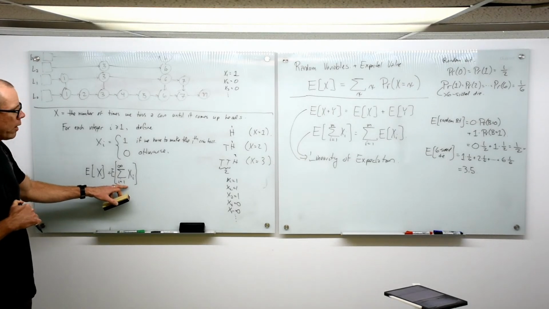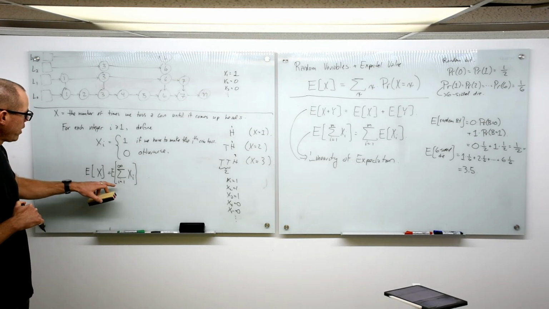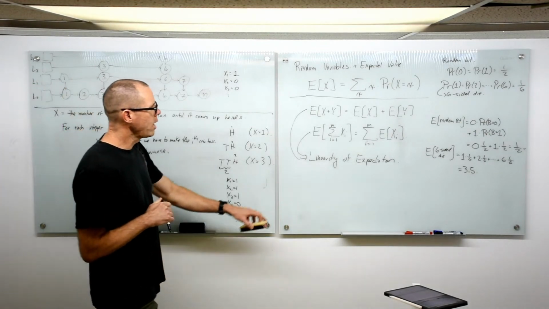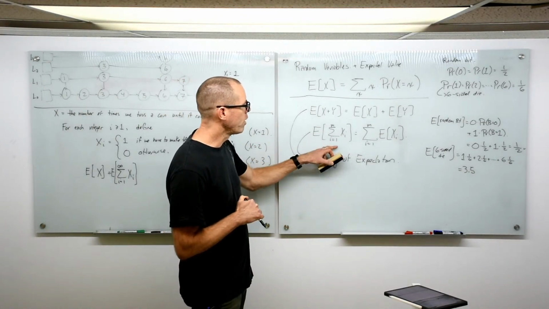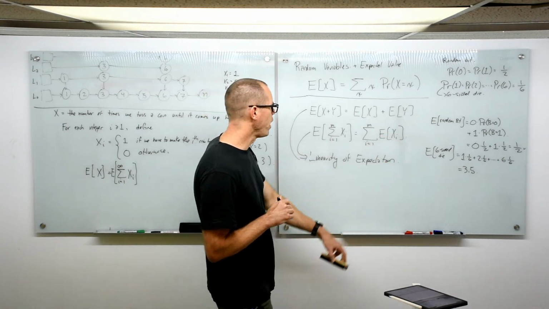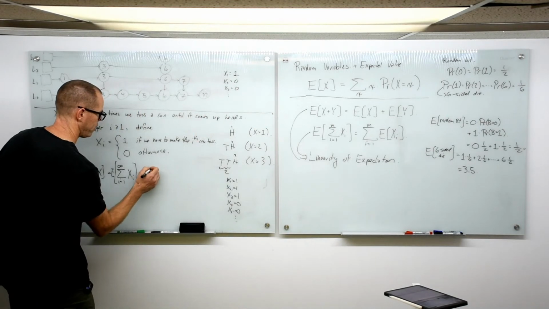But now this thing is an expected value of a sum, and I've already said that the most important thing about expected values is that the expected value of a sum is the sum of the expected values. So let's go ahead and use that. So I can take the sum out.